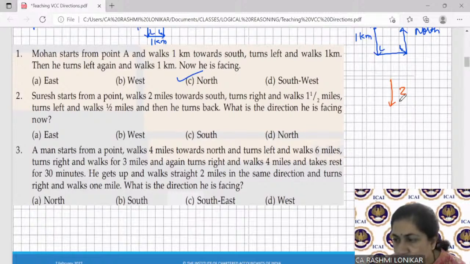Once he is moving towards the south, this is his left. He turns right and walks 1.5 kilometers. Because this is his left, obviously this will be his right. And walks half a kilometer. And then he turns back.